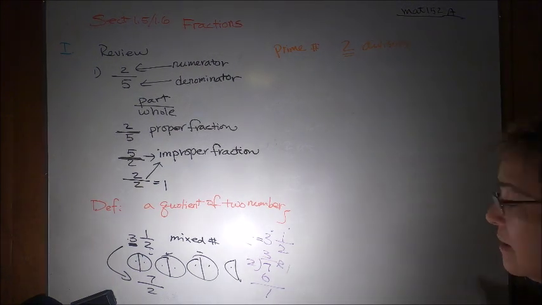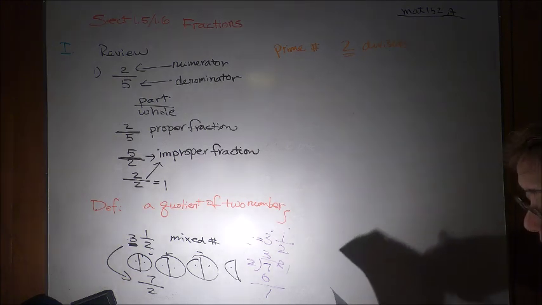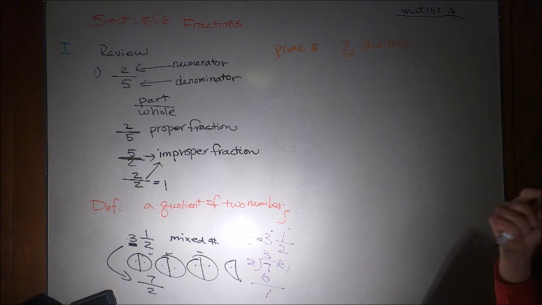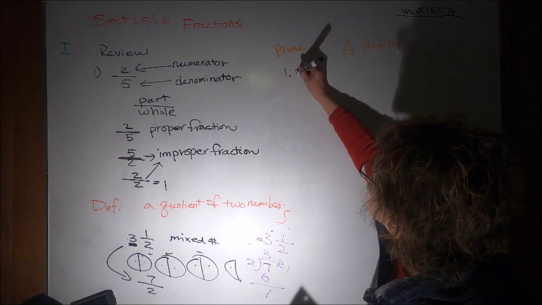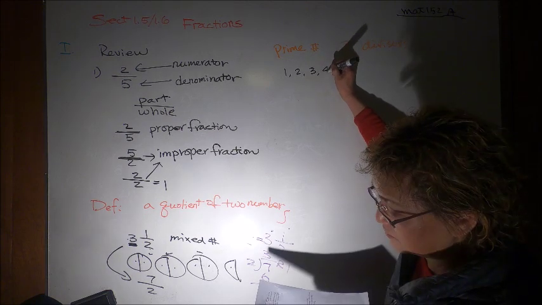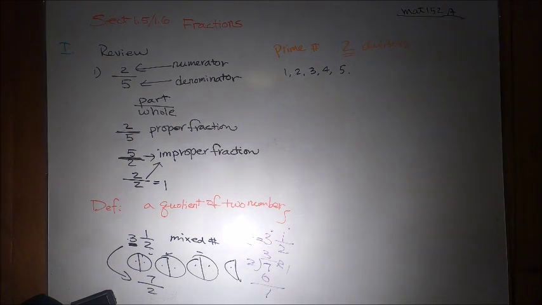Okay, so let's look at the numbers. So we start to look at numbers 1, 2, 3, 4, 5, and on, right? Then we evaluate them, check on them, see who is the prime number, who is not.